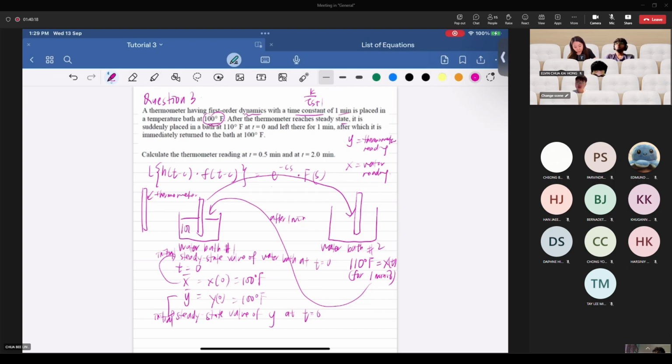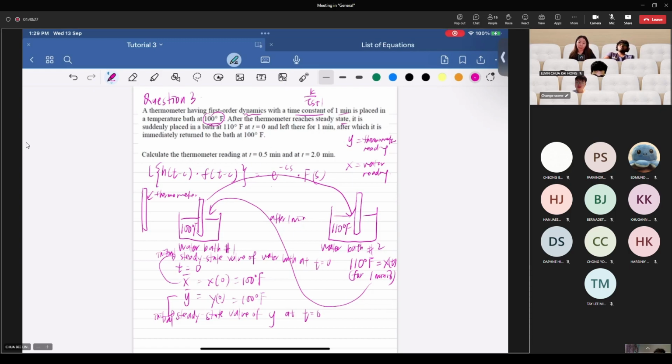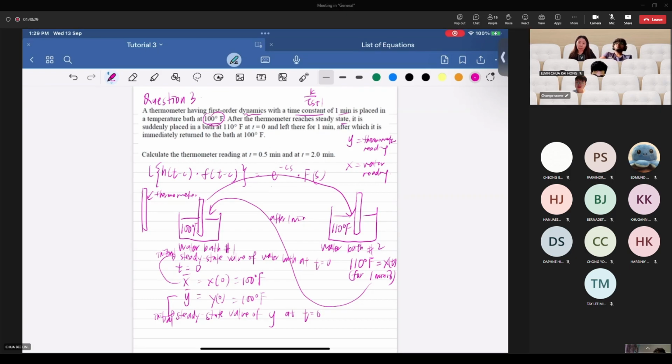So 100 degree Fahrenheit, 110 degree Fahrenheit. So thermometer is being placed in second water bath just for 1 minute. And then immediately it is returned to the first water bath. So you can see there are two changes over here. One is it is placed in 110, and then it is placed back to 100.